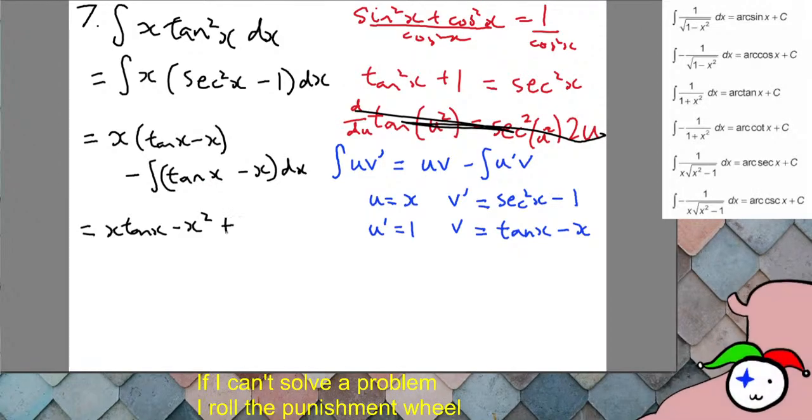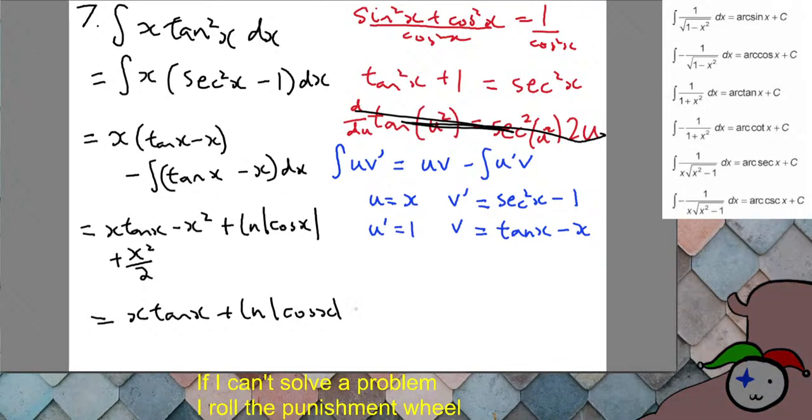So we plus the natural log of cosine x, and then you have a plus x here, which is just plus x squared over 2, simplify that, you get minus x squared over 2, so you have x tangent x plus natural log of cos x minus x squared over 2 plus c.